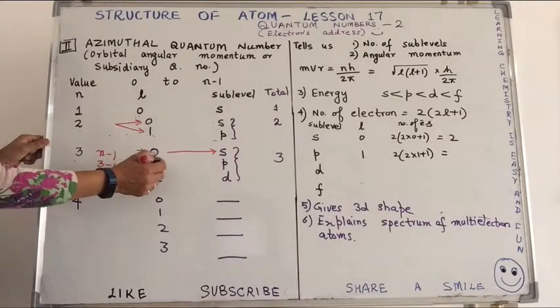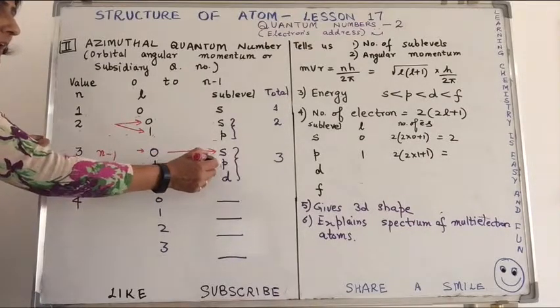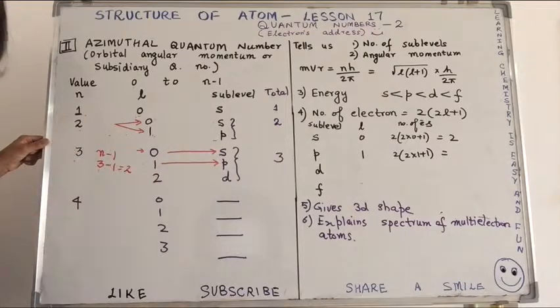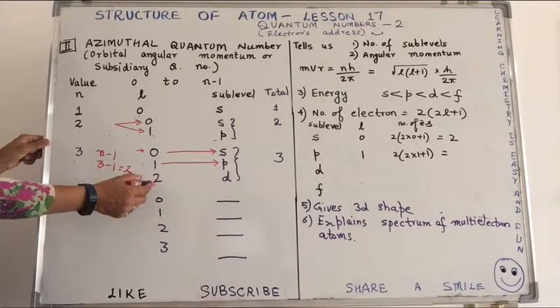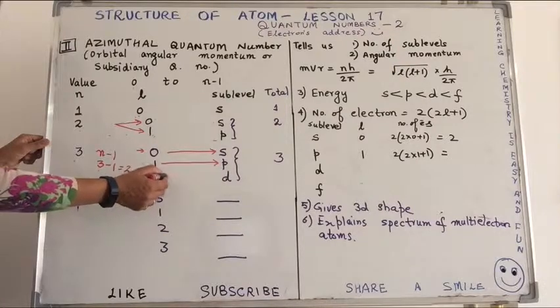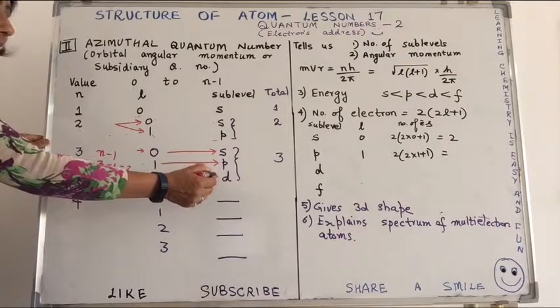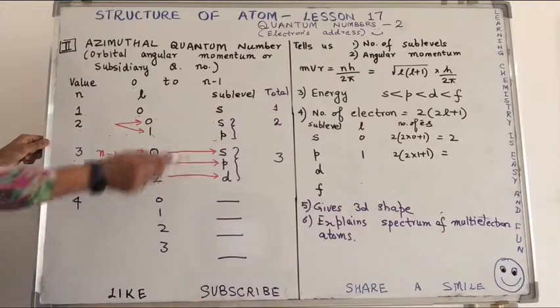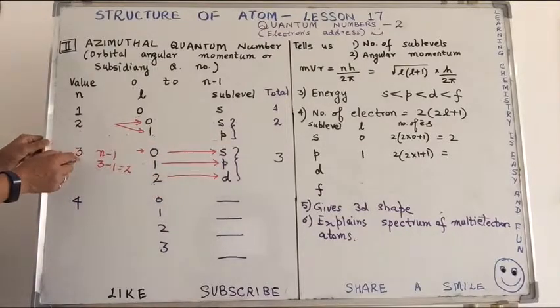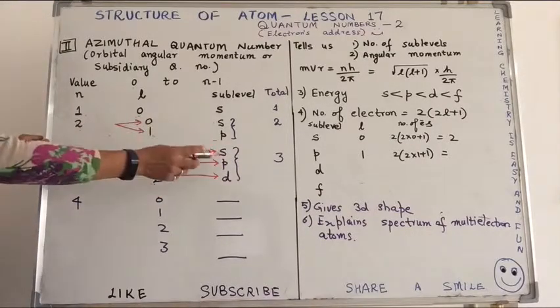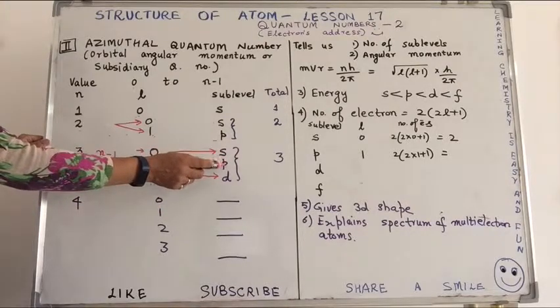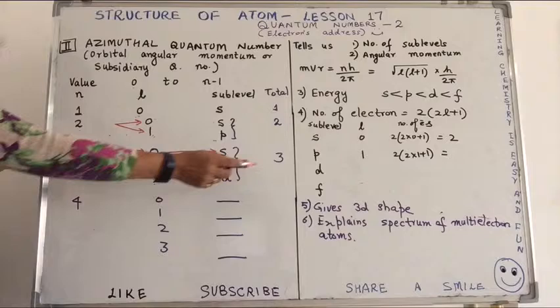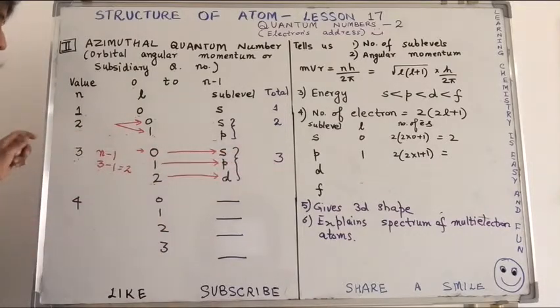When L is 1, we call it, correct, P sublevel. Now that's a third one. When L is 2, we call it the D sublevel. So all in all, in the third energy level, how many sublevels are possible? 1, 2, 3. 3 sublevels.